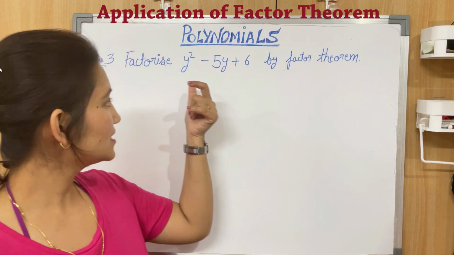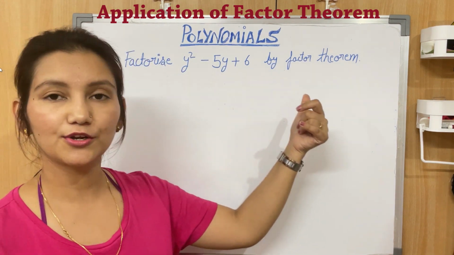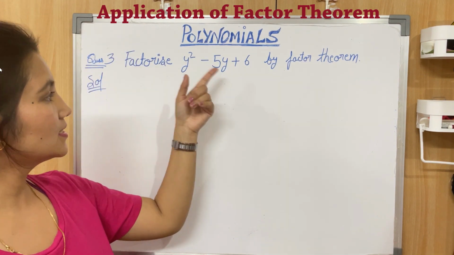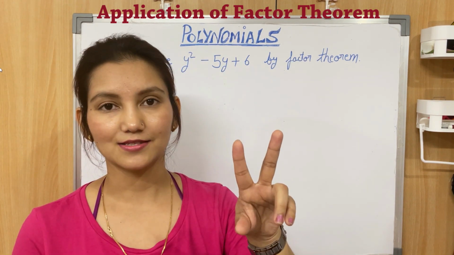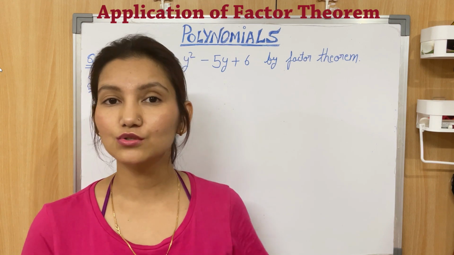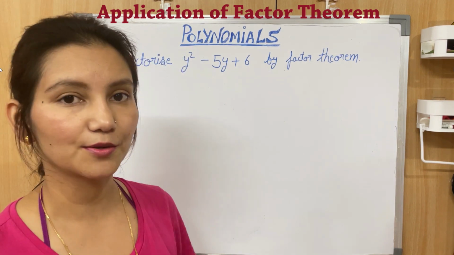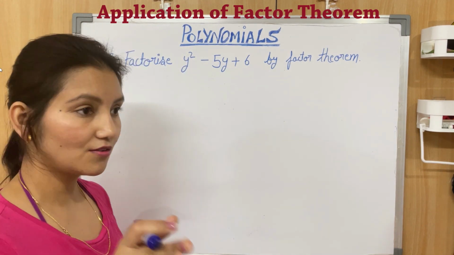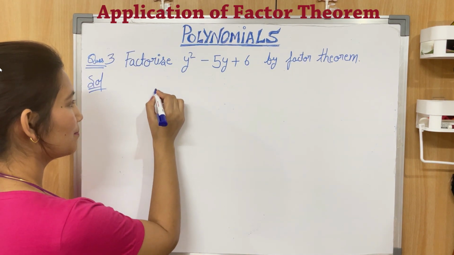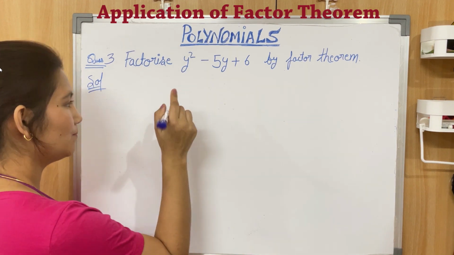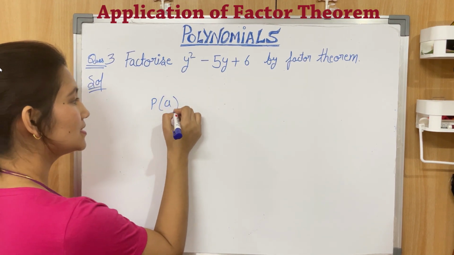As you can see, this is a degree 2 polynomial, meaning it is a quadratic, so it will have a maximum of 2 factors. Let's find out those 2 factors using factor theorem. Let's recall factor theorem once again. What factor theorem says is that p of x is divisible by x minus a if p of a is 0.